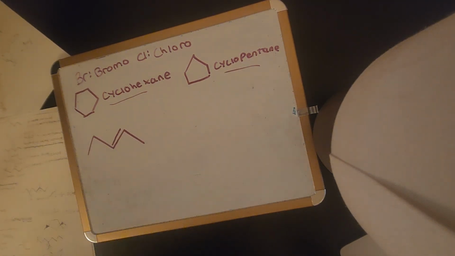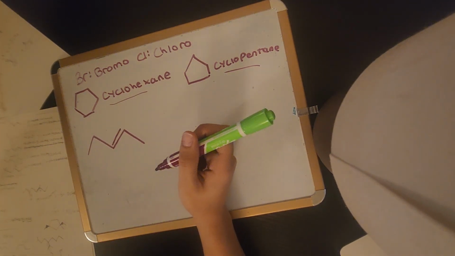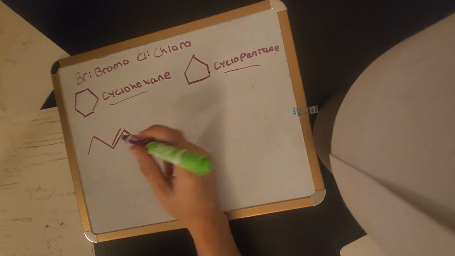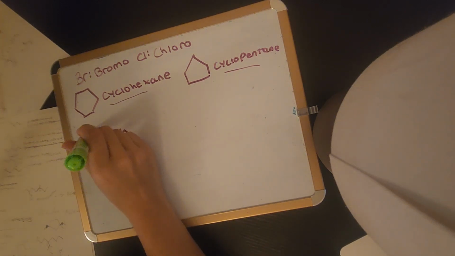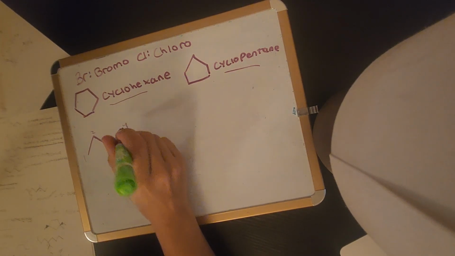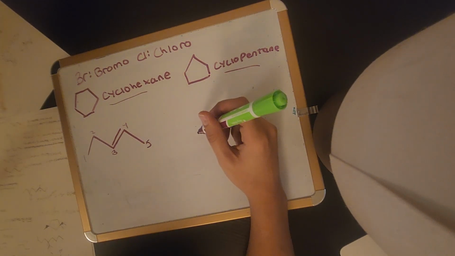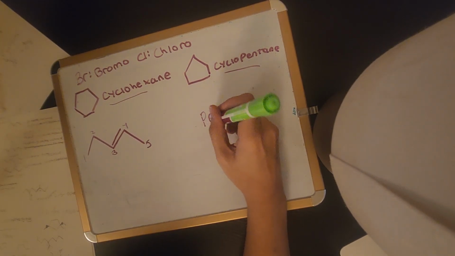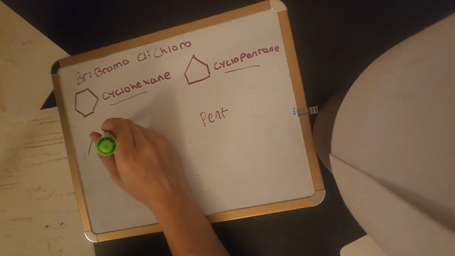As a challenge, let's name this molecule. So we'll start off by defining how many carbons are in the parent chain. In this case, 5. So we know that we're going to have a pent. Now we have a double bond here.